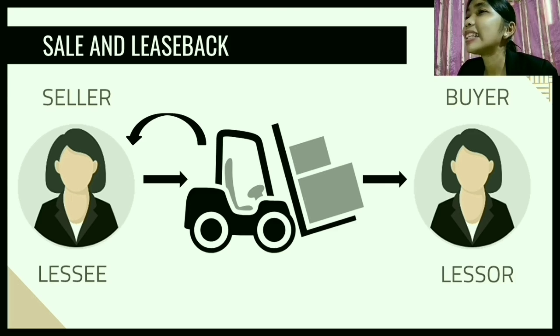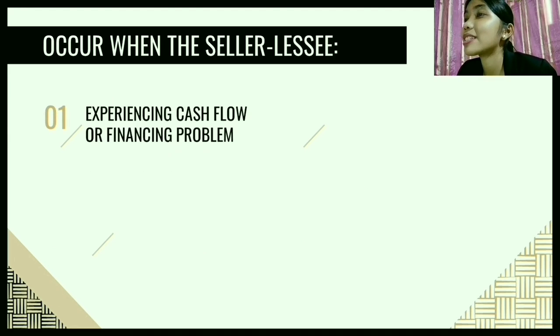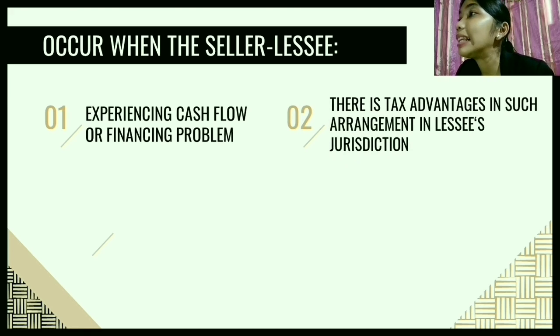So, bakit nga ba ginagawa ito ni seller? Meron po siyang tatlong dahilan kung bakit niya yung ginagawa. Ang number one is kapos po si seller or he or she is experiencing cash flow or financing problem. Pangalawa po, ay mayroon palang tax advantages in such arrangement in lessee's jurisdiction.